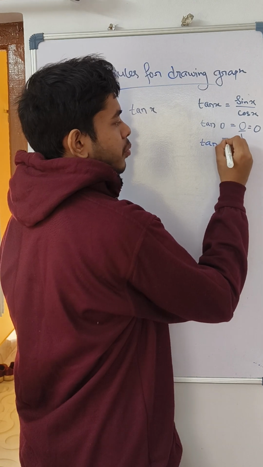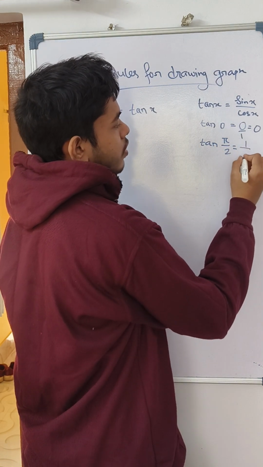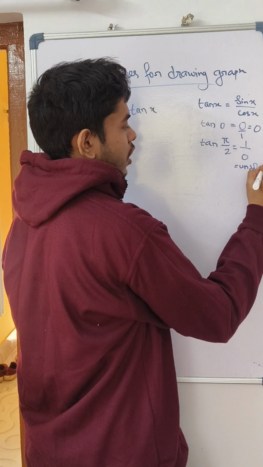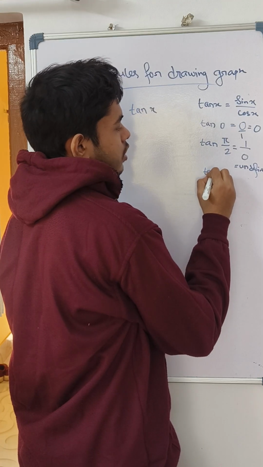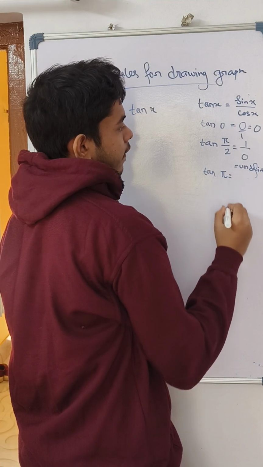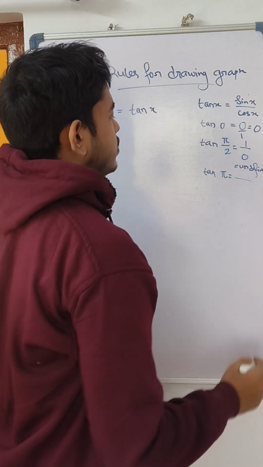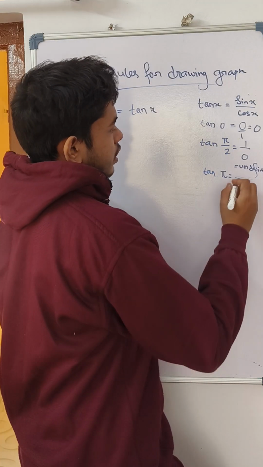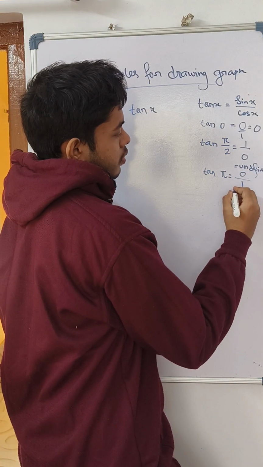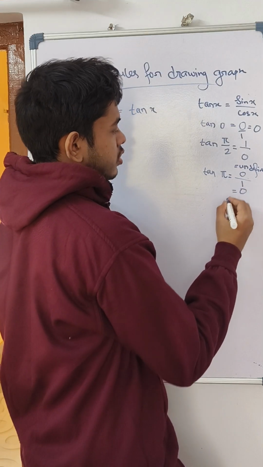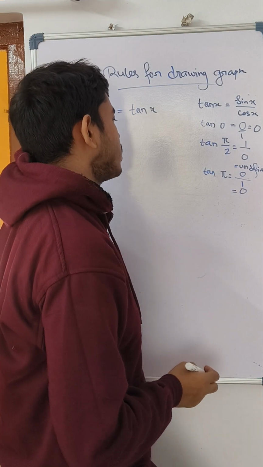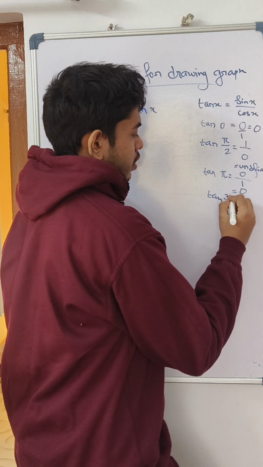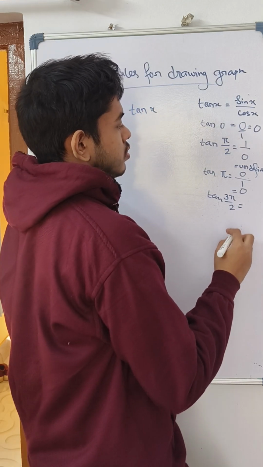Tan pi by 2 equals 1 by 0, undefined. Okay, tan pi is sin pi, which is 0, by cos pi, which is minus 1, so it equals 0. Then tan 3 pi by 2 is again undefined.